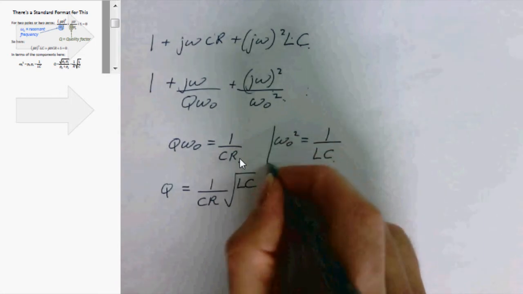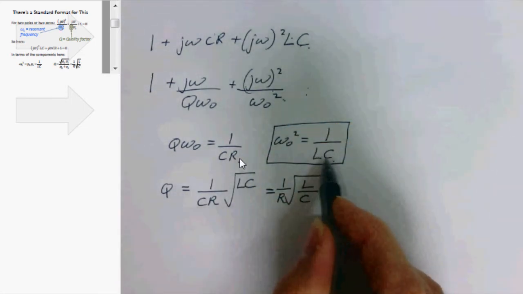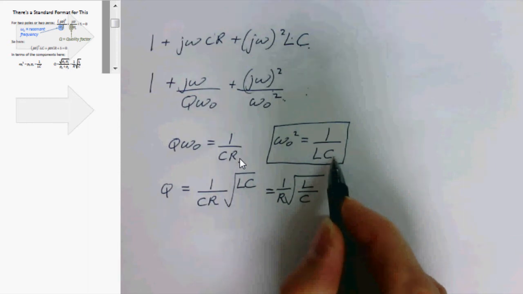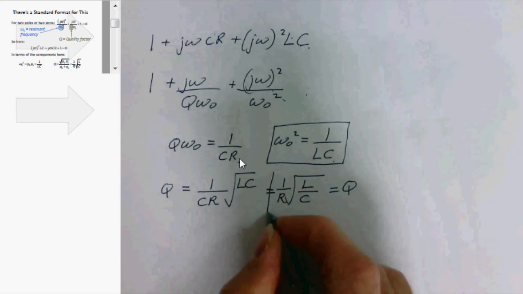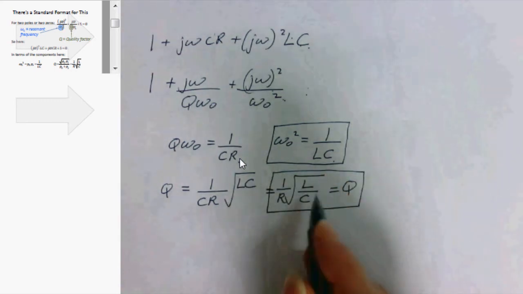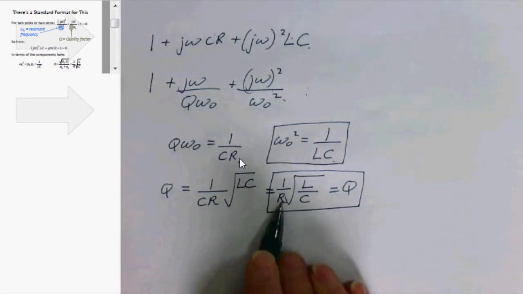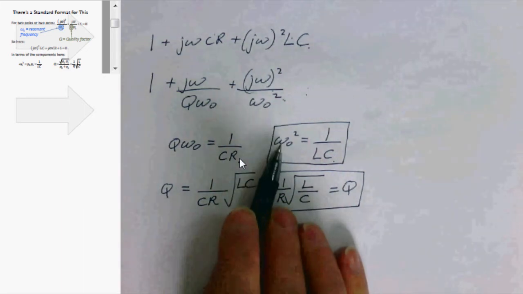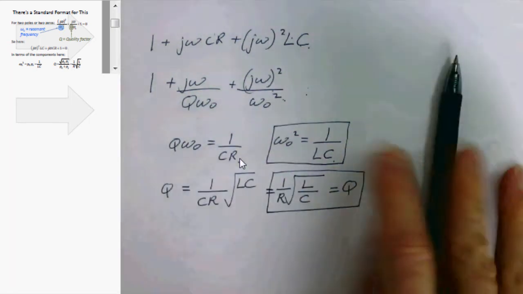So we have an expression for our resonant frequency in terms of the inductance and the capacitance in this circuit, and an expression for the Q factor in terms of the inductance, the capacitance, and the resistance of the circuit. Note that the resonant frequency is not a function of the resistance. We'll come back to that later.